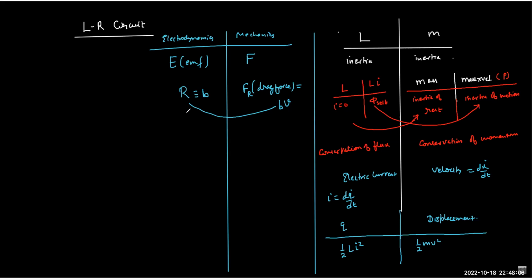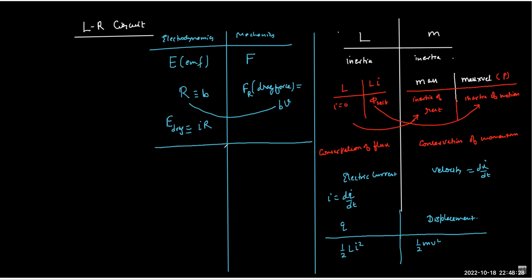So the BV here becomes, you can say, drag EMF. We can write equivalent as IR, because in BV, the B is R and V is I, right? Which is very much like Ohm's law, right?